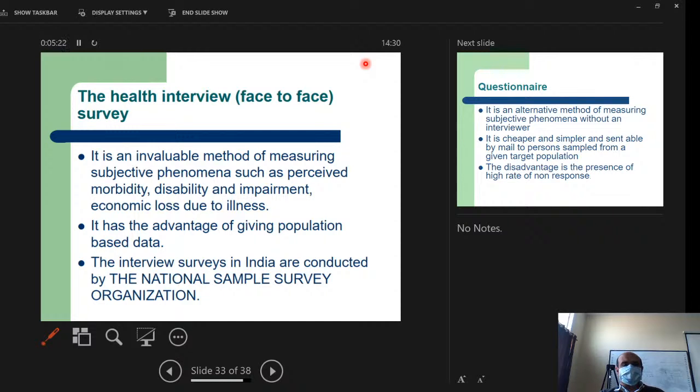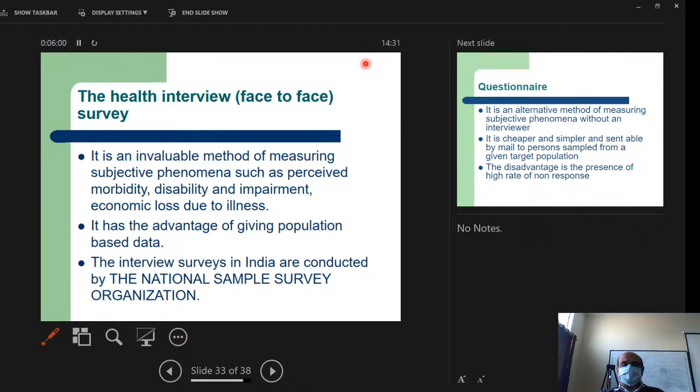It is an invaluable method of measuring subjective phenomena such as perceived morbidity, disability, impairment, and economic loss due to illness.